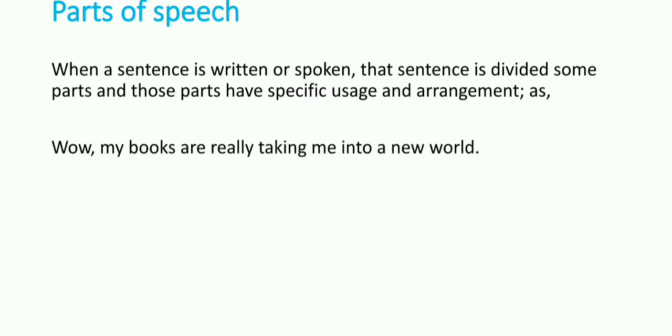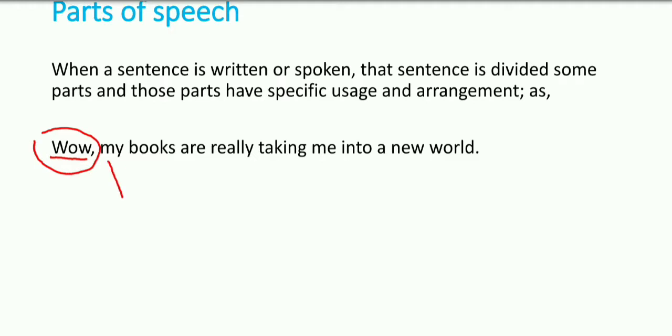We have the example: "Wow, my books are really taking me into a new world." Now, if you look at the sentence and divide it into words, the first word, wow, is the interjection. My here is the pronoun.